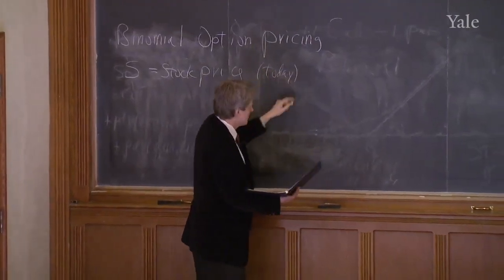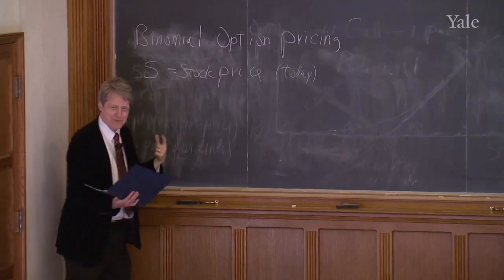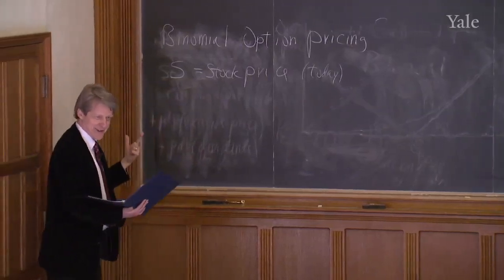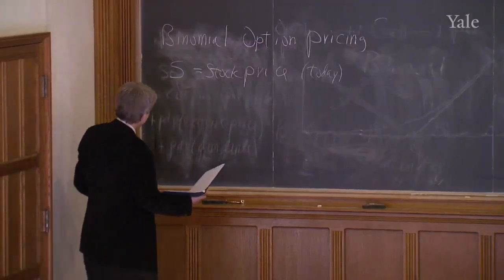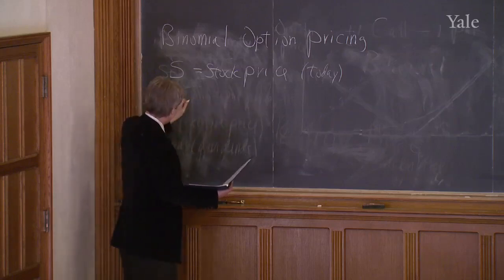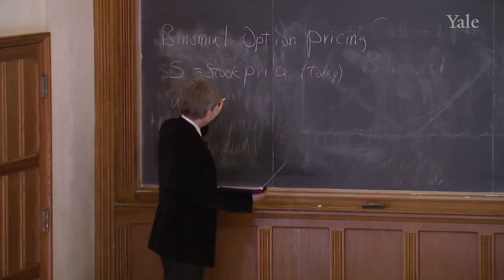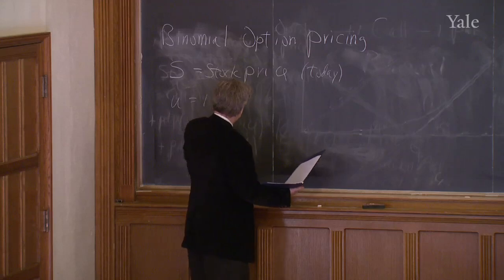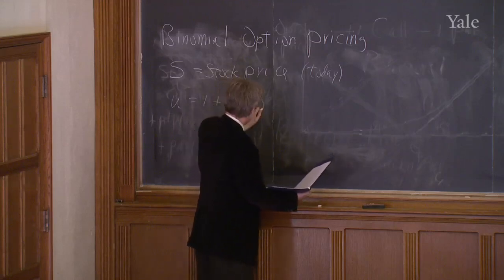This is also a simple world in that there's only one day. The option expires tomorrow. There's only one more price we're going to see. So the stock is either going to go up or down. U is equal to 1 plus the fraction up; U stands for up.